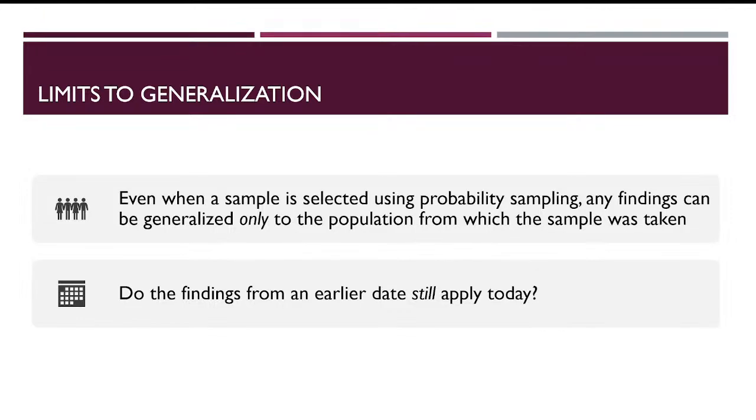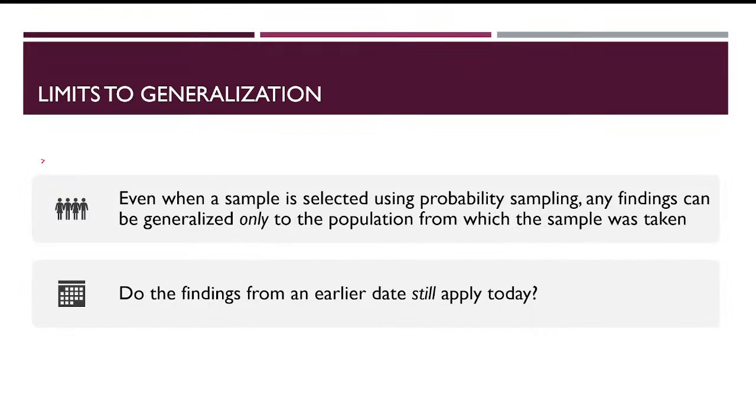Okay, yeah, generalization. Obviously what sociologists want to do most of the time is make generalizations about a population, right? Even when you select the sample using probability sampling, you can still only say things about that population. So even if you randomly sampled Edmontonians, you can only make generalizations about Edmontonians.